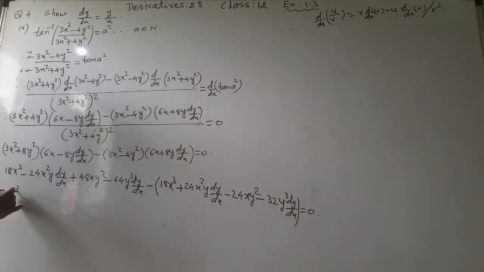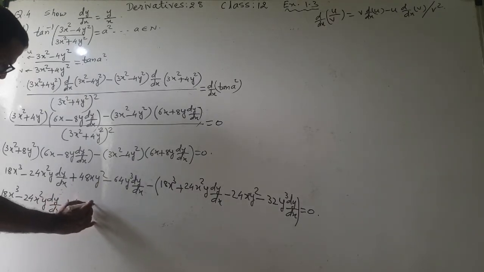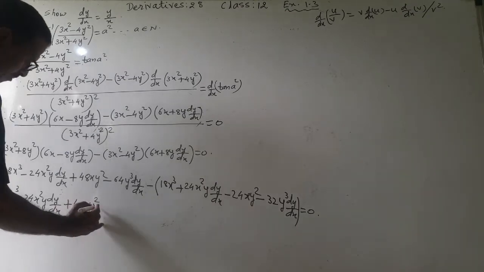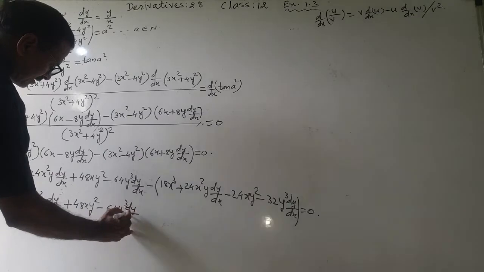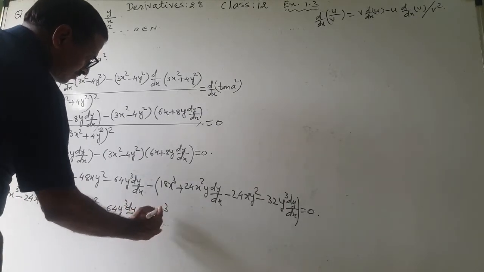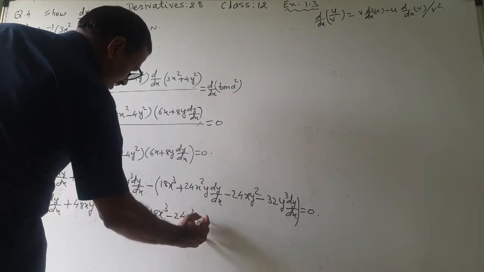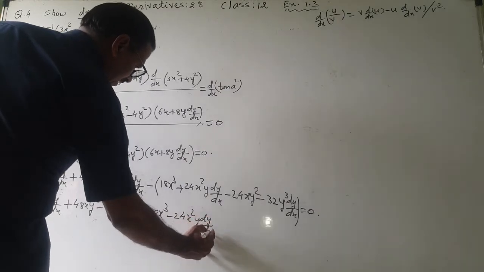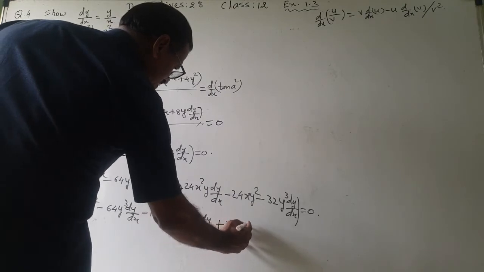18x cube minus 24x square y dy by dx plus 48 xy square minus 64 y cube dy by dx, minus 18x cube minus 24 x square y dy by dx, and this will become plus 24 xy square.